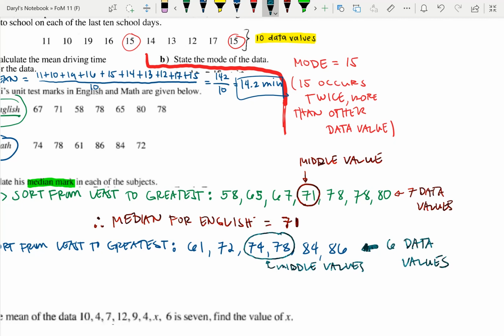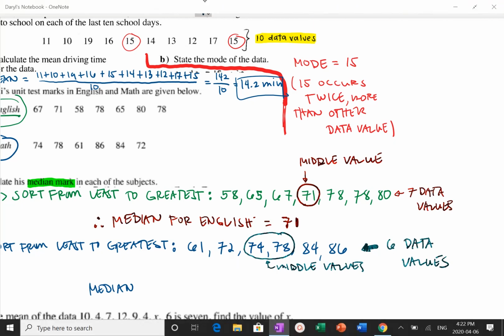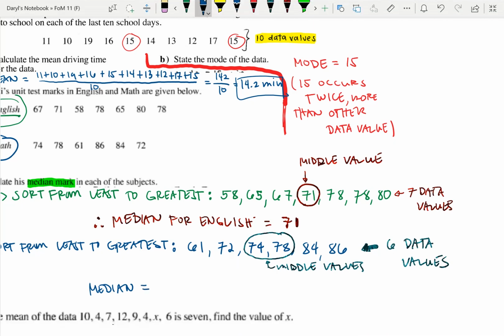Again, this is what we expected if you have an even number of data values. So the median, if you go back to the definition of the median, on how to locate the median if you have even data values, median is equal to the mean of the middle values.